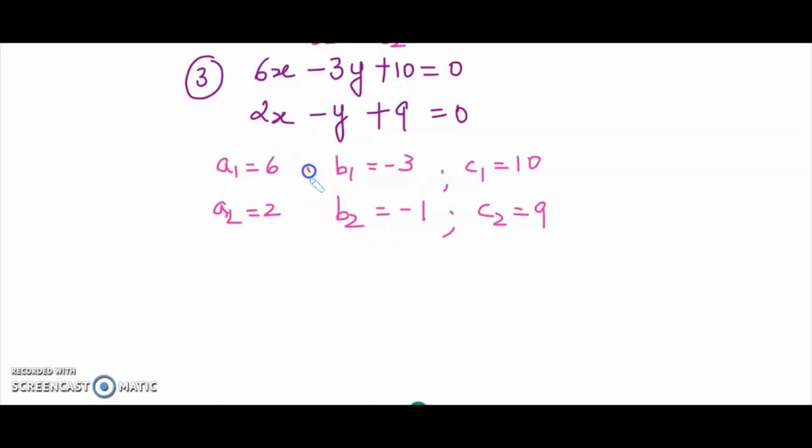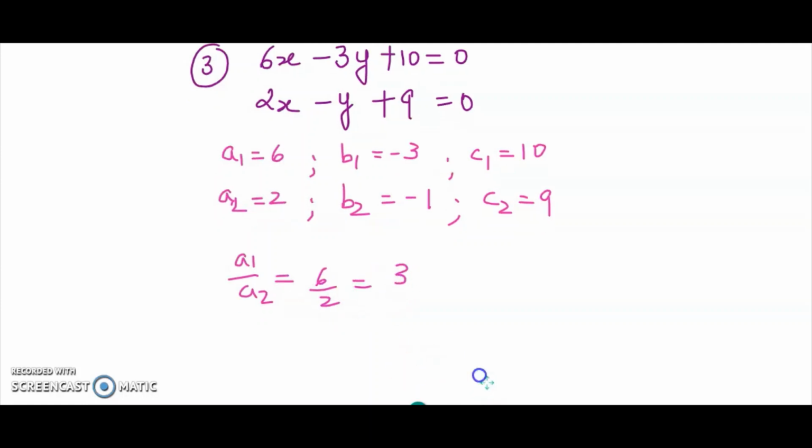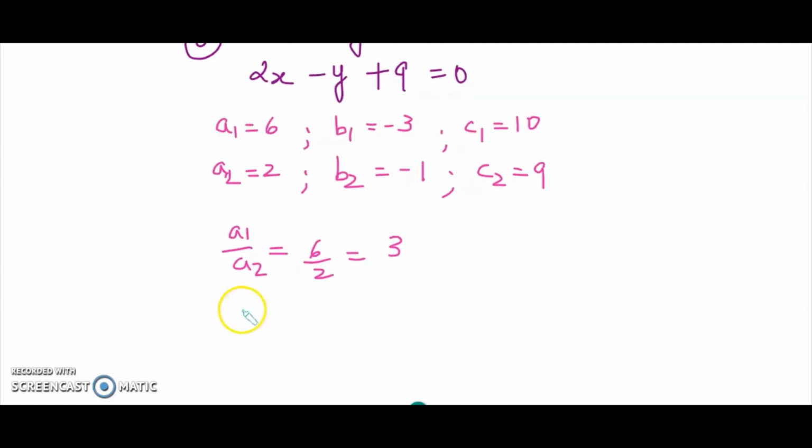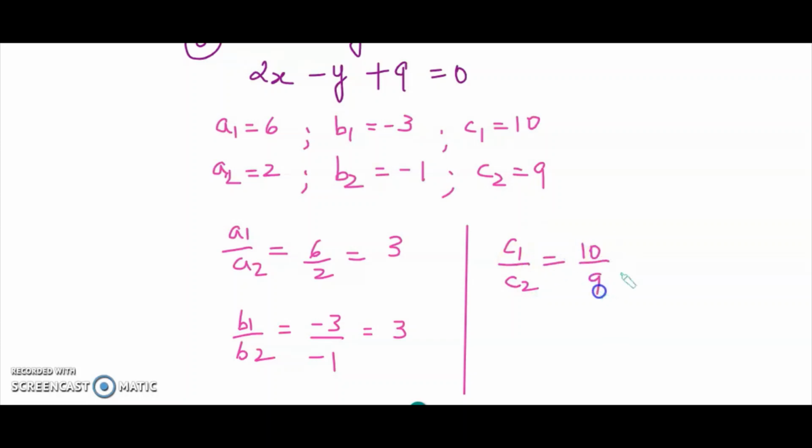So let's write the ratios. a1 by a2 is 6 by 2, which simplifies to 3. Then b1 by b2 is negative 3 over negative 1, which is again 3. The next ratio, c1 by c2, is 10 over 9.